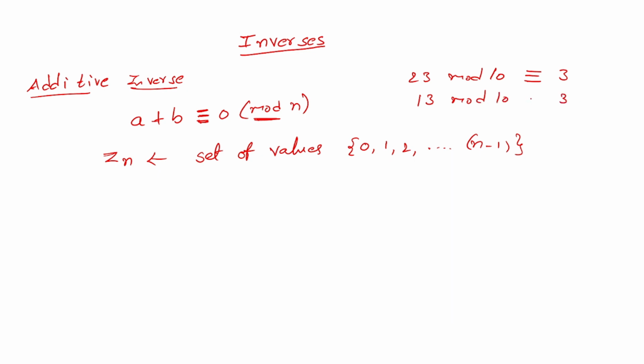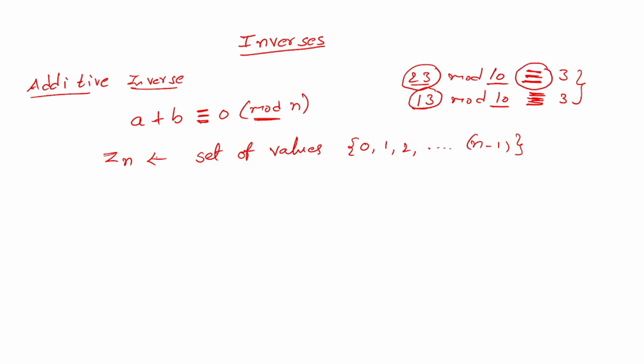For two different input values, 23 and 13, with the same modulus, we get the same output. That's why we use congruence. This is called the congruence operator. We use this operator only for modulus operation.